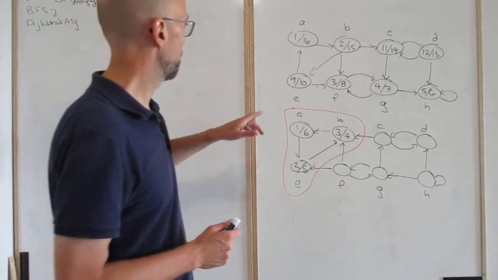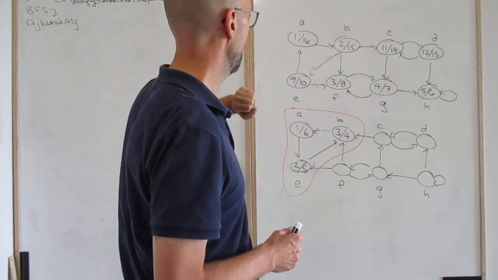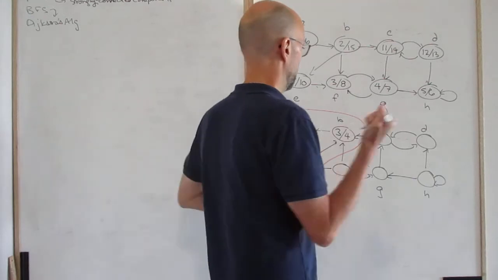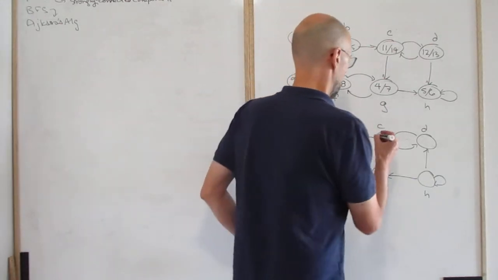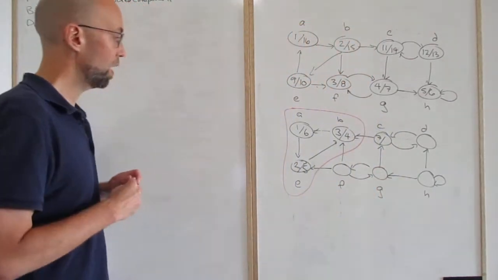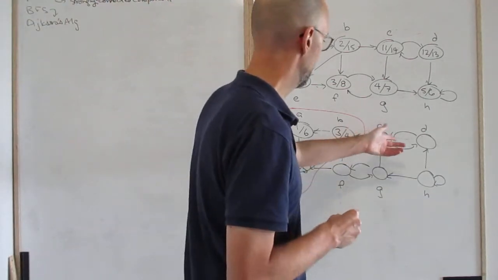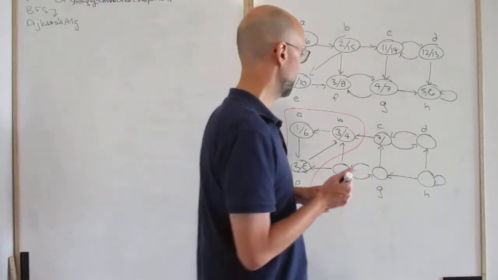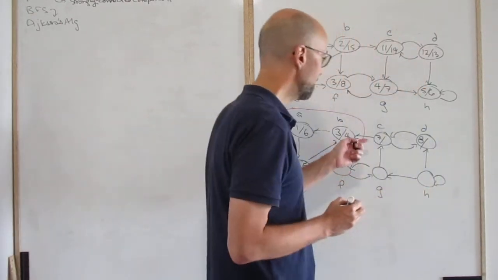Okay, so that was 16, 15, 10. What's next? Well, it's 14. So we start here, and that was 3, 4, 5, 6, so the start time here is 7. And where can we go from here? Well, the only place we can go is D, I think. So that's 8.